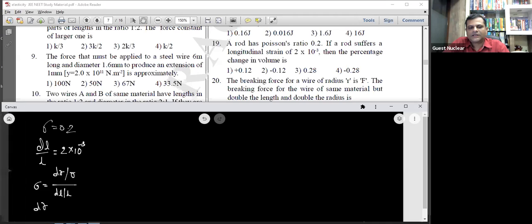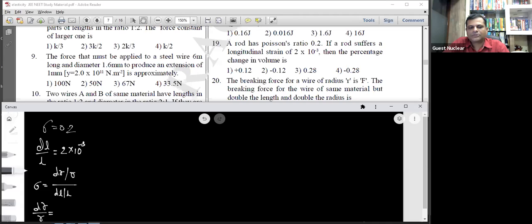So we can say that dr by r is going to be, actually it is negative, don't forget this minus sign. So dr by r will actually be equal to minus of sigma into dl by l, correct है, which gives minus of, अच्छा सिग्मा कितना है 0.2 and that is going to be multiplied with dl by l, which is going to be 2 into 10 raised to minus 3, right? That means it will become 0.4 into 10 raised to minus 3.